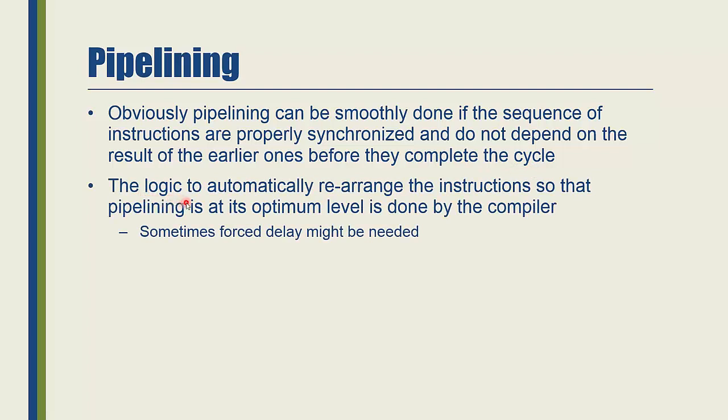The logic to automatically rearrange the instructions so that pipelining is at its optimum level is done by the compiler, or actually by the assembler. Sometimes to force synchronization, we need to force a delay so that the earlier instruction has to finish a certain number of stages before the next instruction is executed at a certain stage.